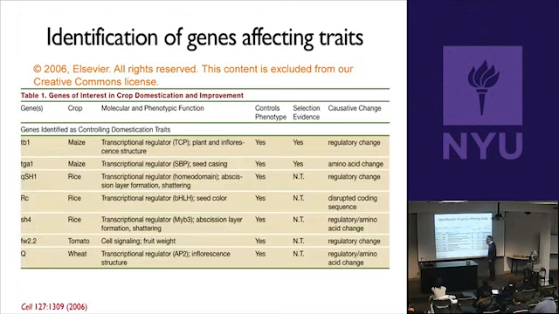This column just says that someone has done an experiment to show that this gene is directly involved in changing the way the plant fruit looks. And this column, which we're going to talk about more towards the end, shows that not only does this gene have something to do with the difference in appearance of the particular trait you're interested in, but also that there's strong evidence from the DNA that indeed this change in this gene is what our ancestors, in a sense, saw when they were selecting these plants for domestication.